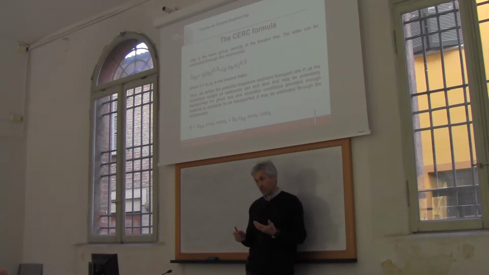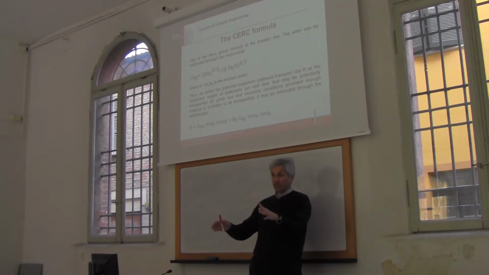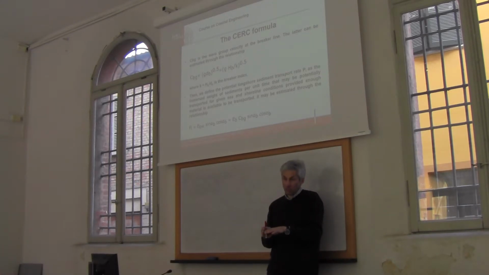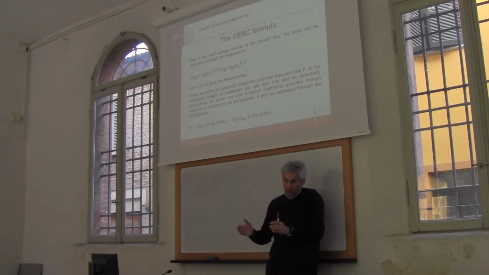Because breaking is originated by the friction of the waves against the sea bottom. If the wave travels parallel to the coastline, they have only a small part of friction. They basically get in touch with the sea bottom only in the part of the wave that is close to the coast.